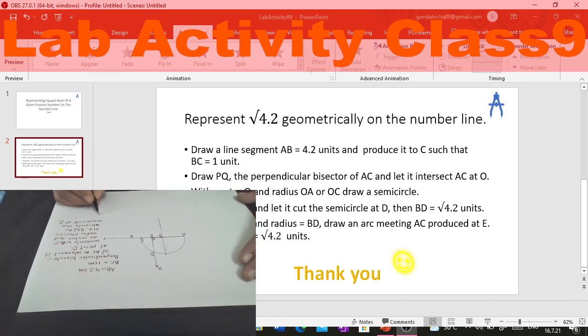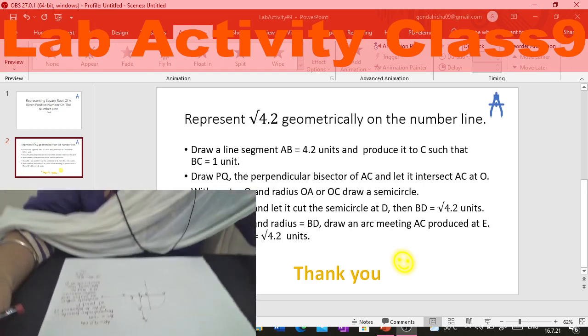So at the end what we get? We get BD equals to BE which is equal to under root of 4.2 centimeters.